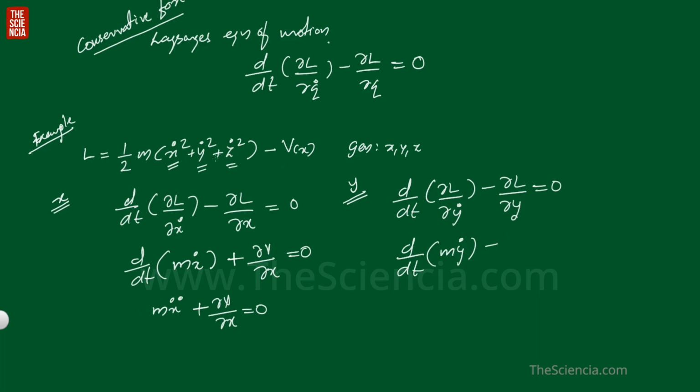So here there is no y term, and here also there is no y term. So it is equal to 0. So we get m y double dot equal to 0. Similarly, you have to find out for z. It's a work for you. Okay. Another example.